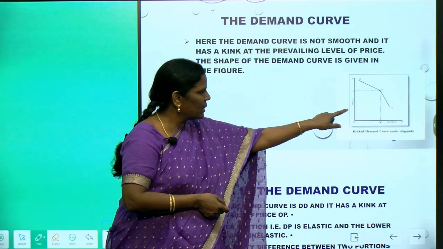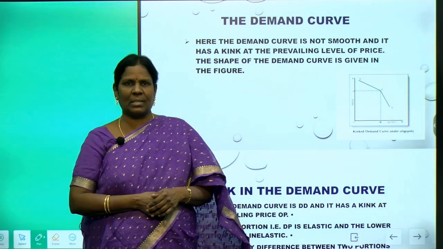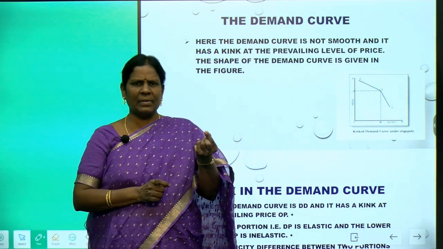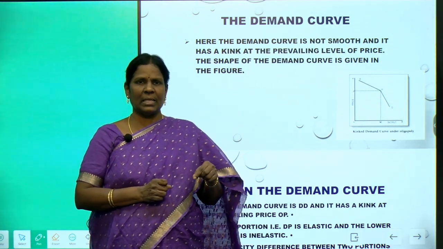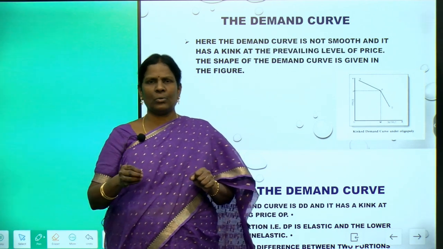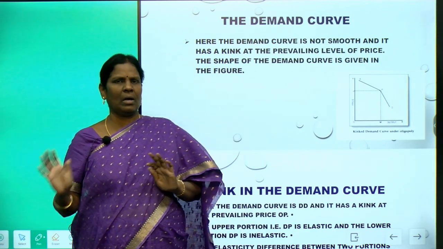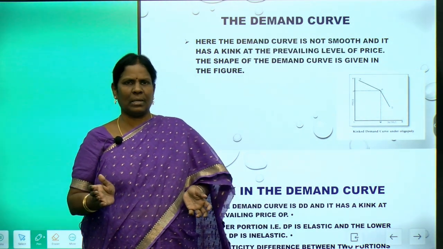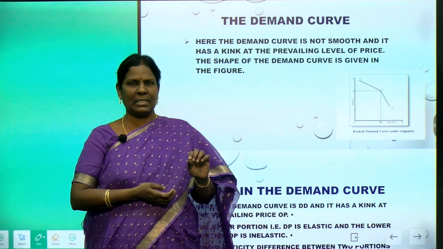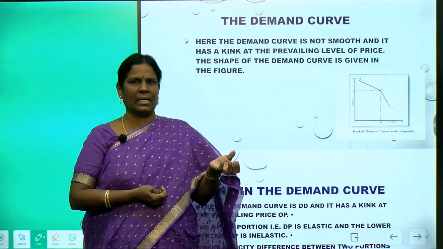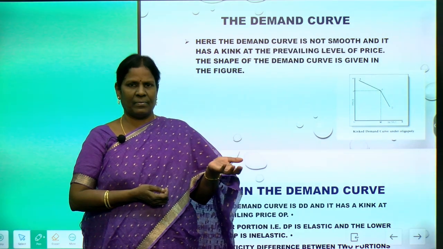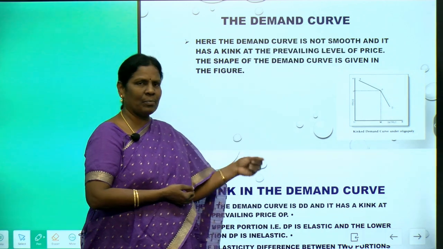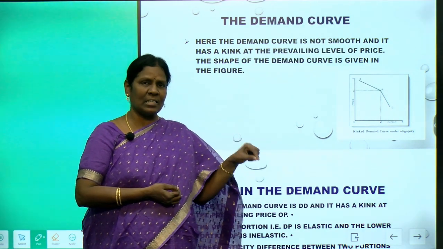And the second segment is less elastic, in the sense that the responsiveness of demand in relation to price change is very minimum. What it means is that if any firm wants to decrease the price, yes, all other limited firms also follow the same, resulting in demand increasing, but how much revenue they can get, they cannot identify. The responsiveness of demand in relation to a small fall in price is minimal.